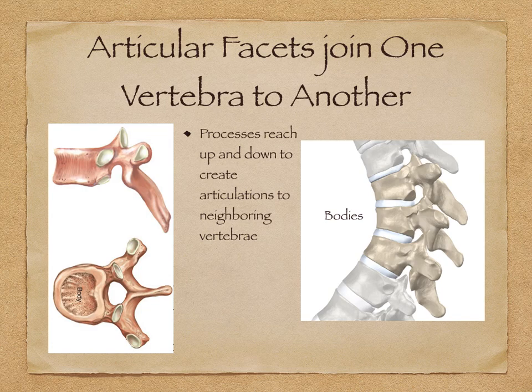Each vertebra has a process that reaches up and a process that reaches down, a process that reaches up to the vertebra above it, and a process that reaches down to the vertebra below it. These match one another on various vertebrae. You can see these here where each vertebra is touching one another. Now see if you can find that over in the picture on the left where you have just a single vertebra. Can you see the piece that sticks up to reach up to the vertebra above it?